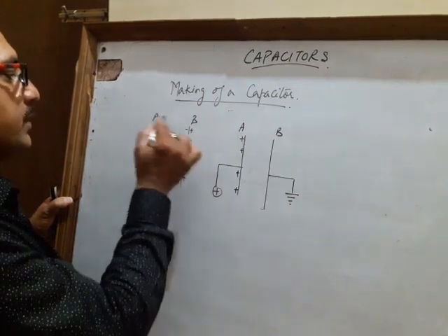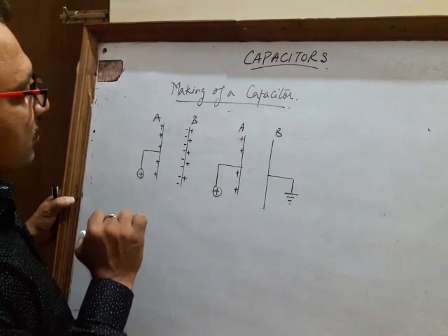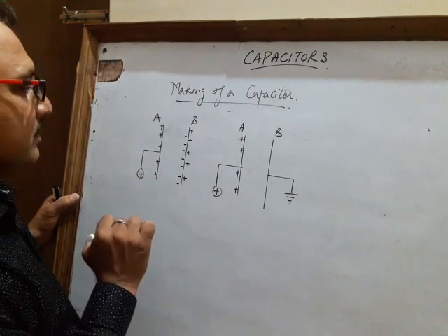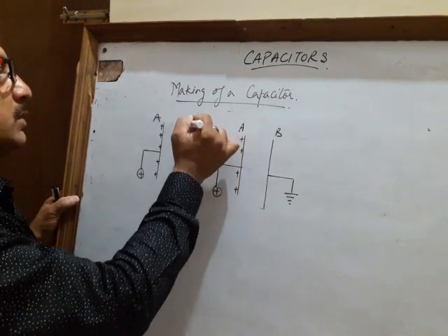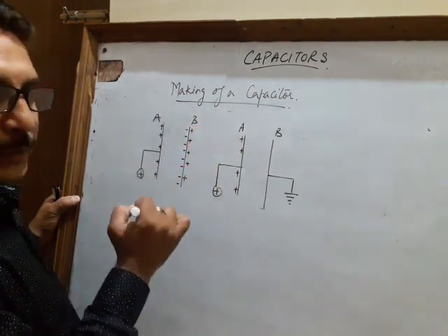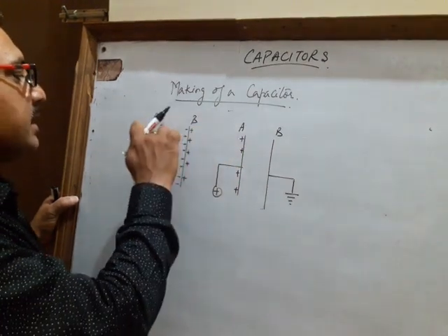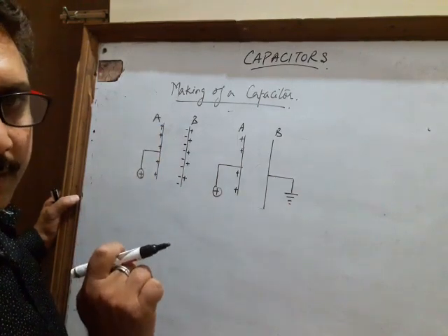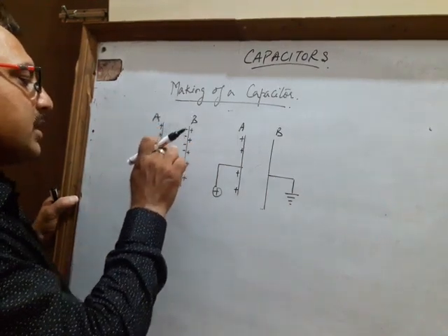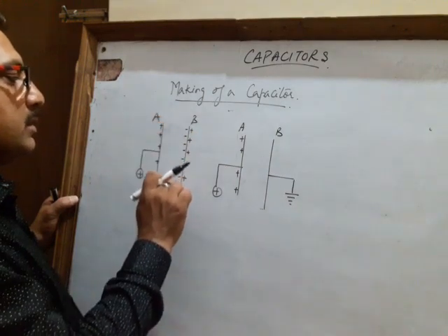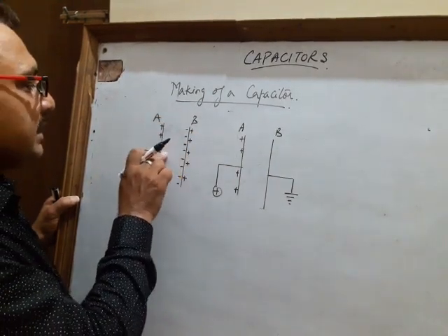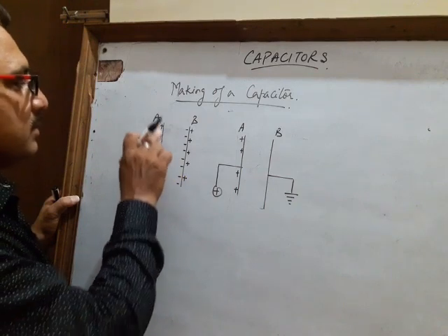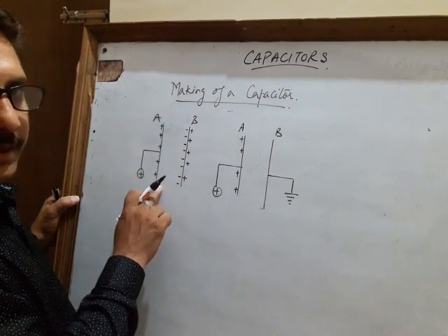So from this figure, what do we find? This positive charge on the outer surface of plate B tends to increase the potential of plate A. But the negative charge present on the inner surface of plate B tends to decrease the potential of plate A.